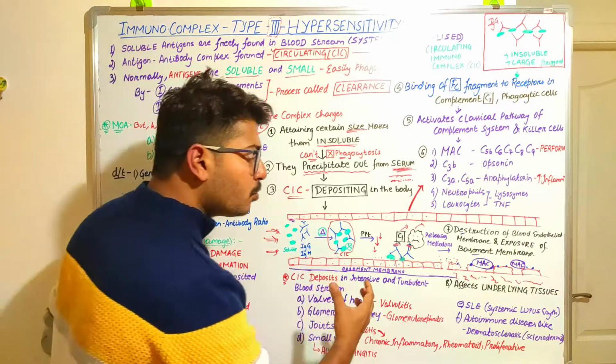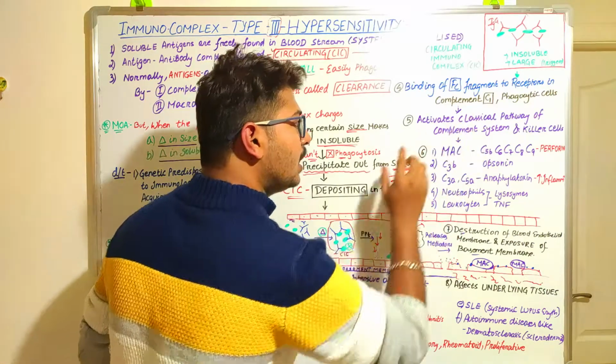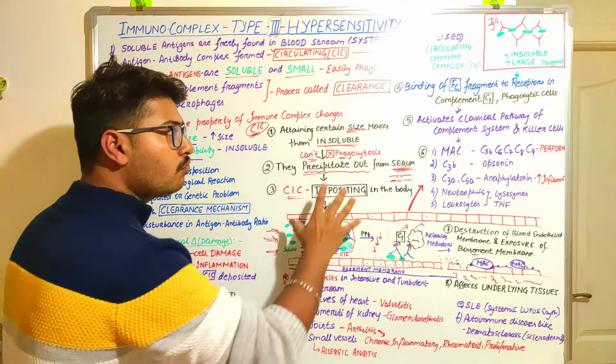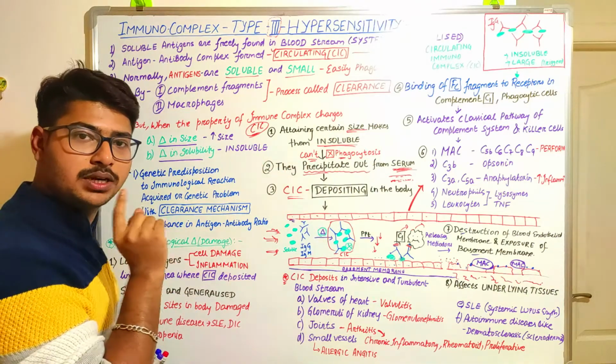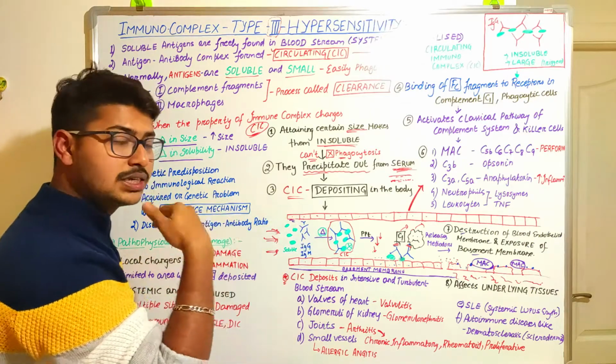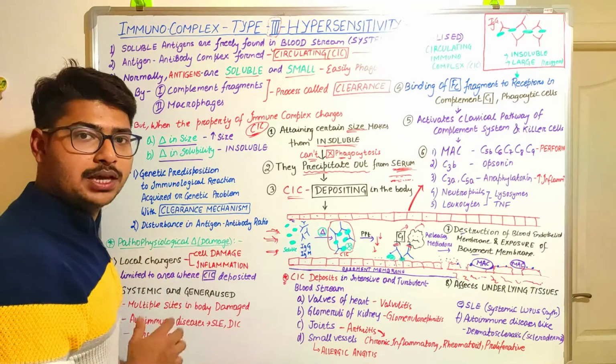So the next process is their activation and production of the mediators. Till now, whatever we have discussed is nothing but the immunological reactions. Next comes stage 2, that is pathochemical changes.